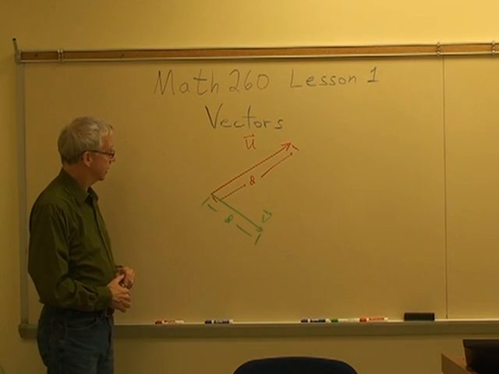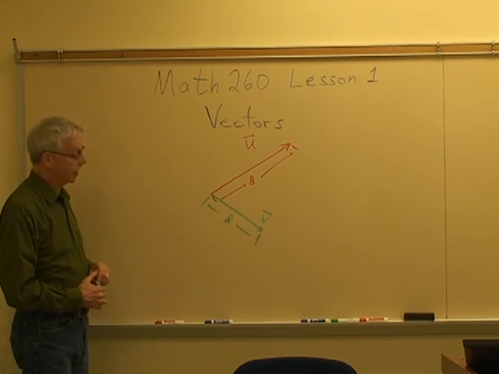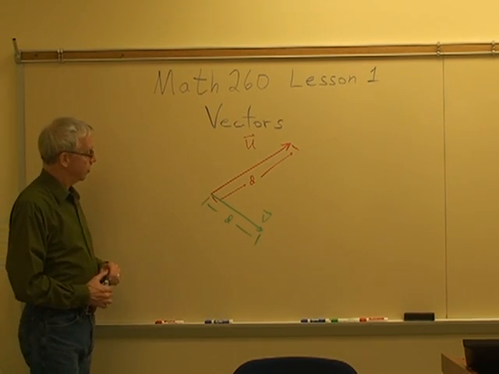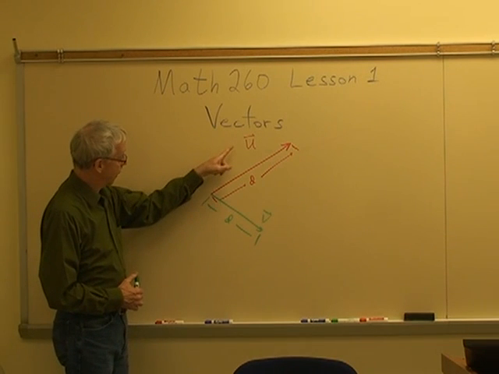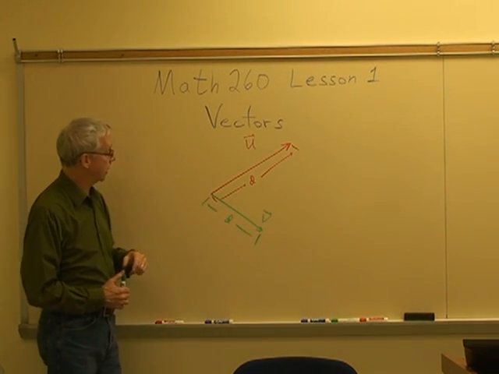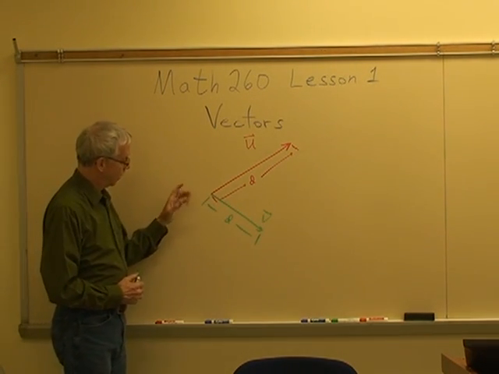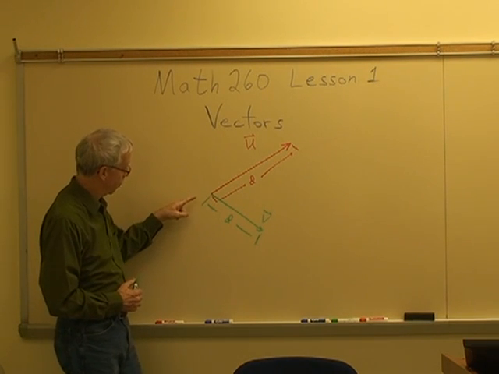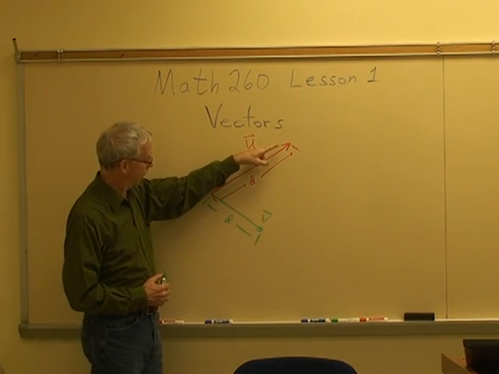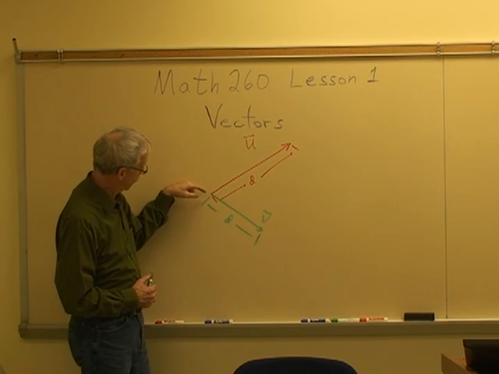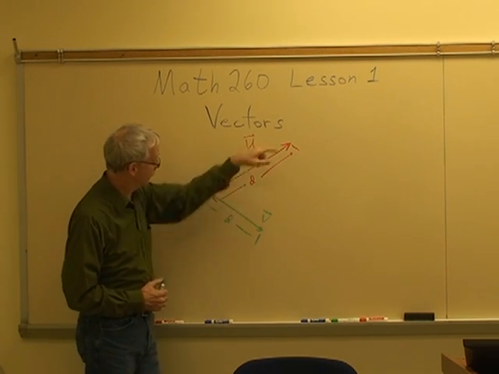Now, when we want to add vectors, the idea is pretty simple. If I want to add the vector u and the vector v, I first go this far in that direction and then go this far in the next direction.